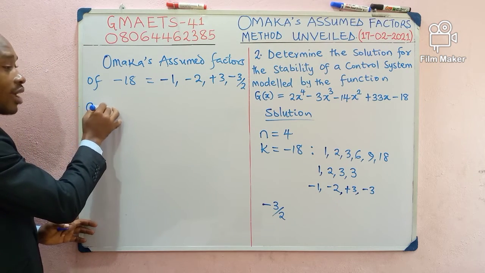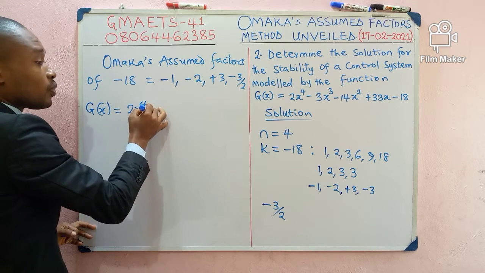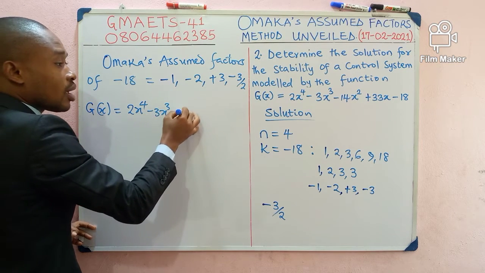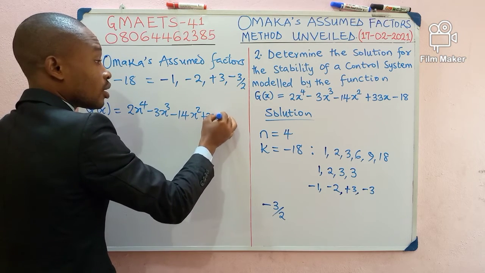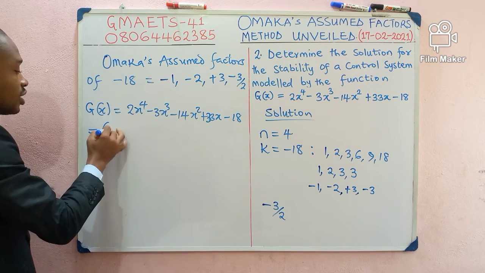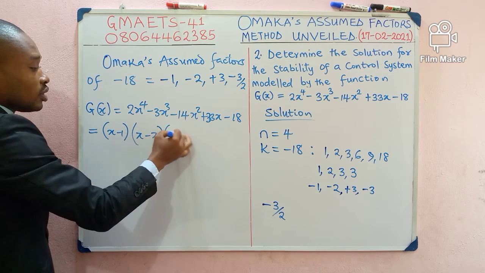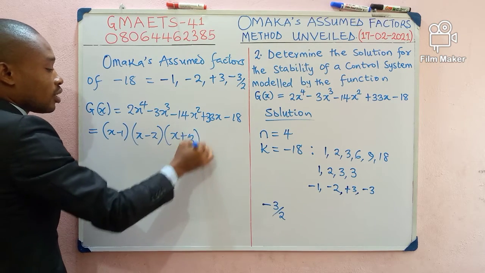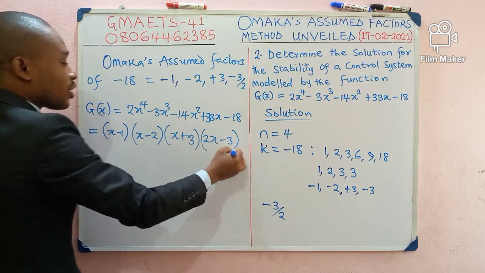It means that g of x, which is equal to this polynomial 2x raised to the power 4 minus 3x raised to the power 3 minus 14x squared plus 33x minus 18, will be equivalent to x minus 1, the next one x minus 2, third one x plus 3, then the last one is over 2, so it's going to be 2x minus 3.